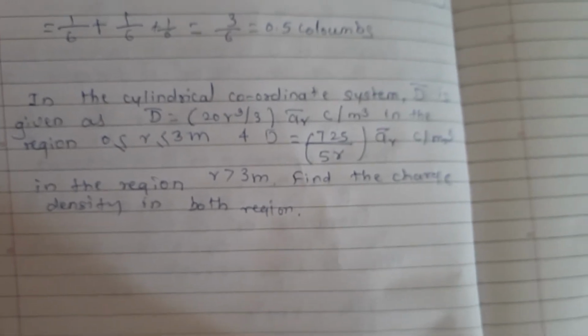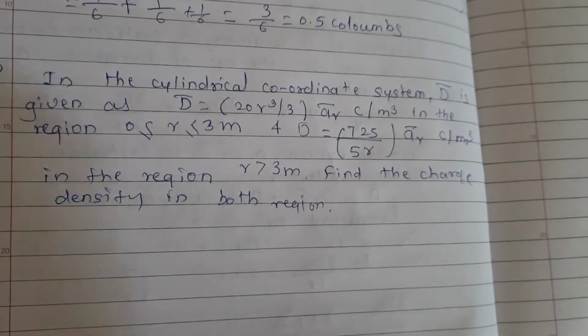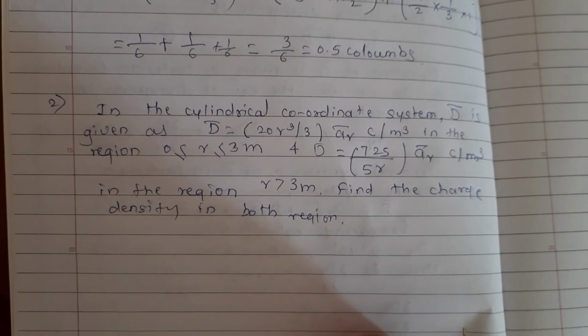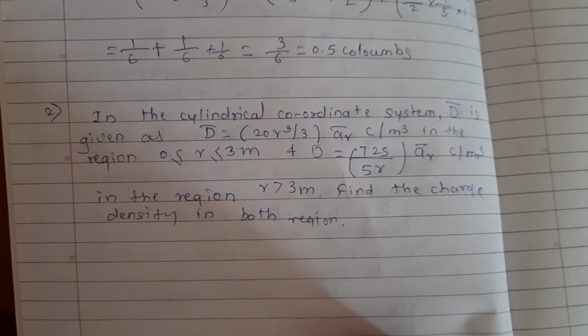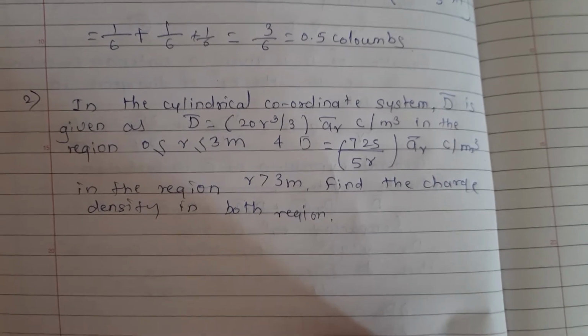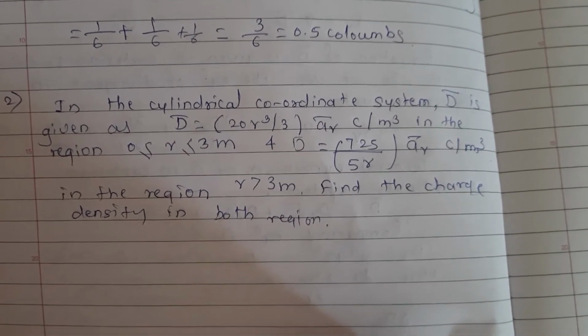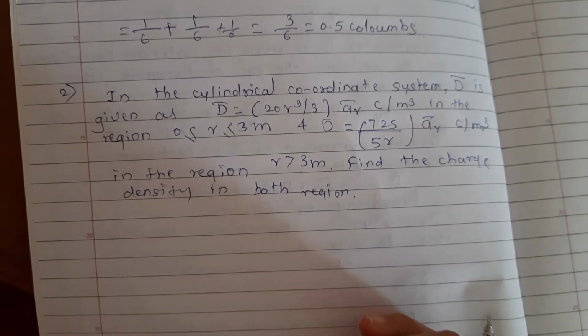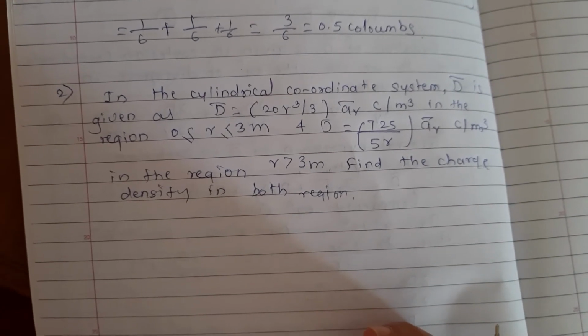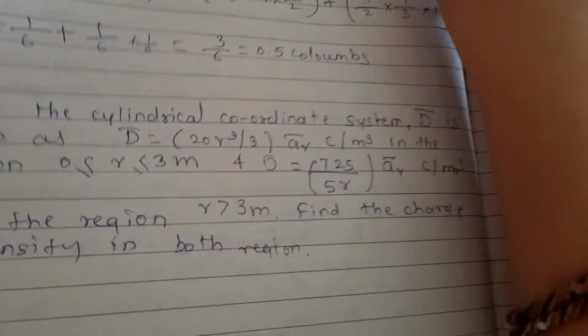Next problem is, in the cylindrical coordinate system, D bar is given as D bar equal to 20 r cube by 3 ar bar in the region of r having value 0 to 3, and D bar is equal to 725 by 5r ar in the region r greater than 3. Then find the charge density in both the regions.